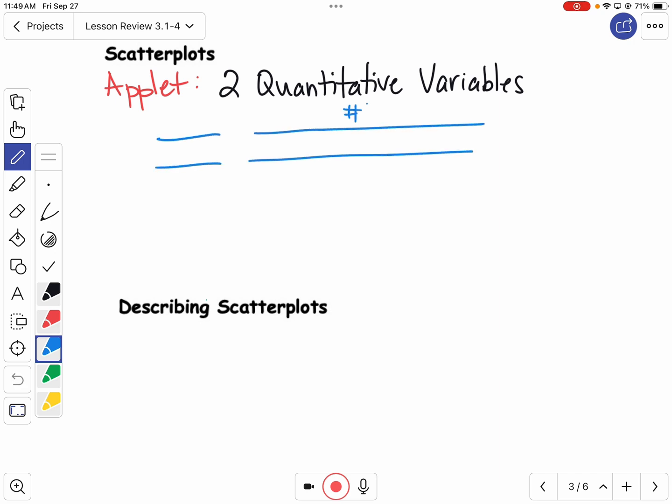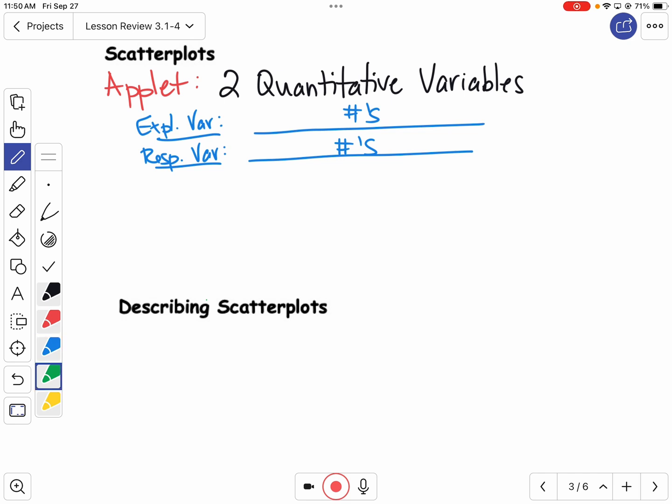So our numbers go in that second line. And then it's our titles of our variables, our explanatory variable and our response. But I'm pretty sure you don't have to draw one. I think it just gives it to you.